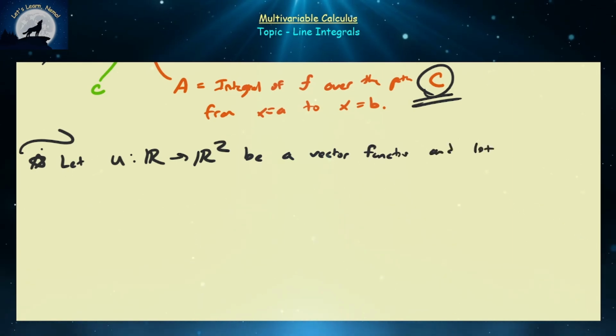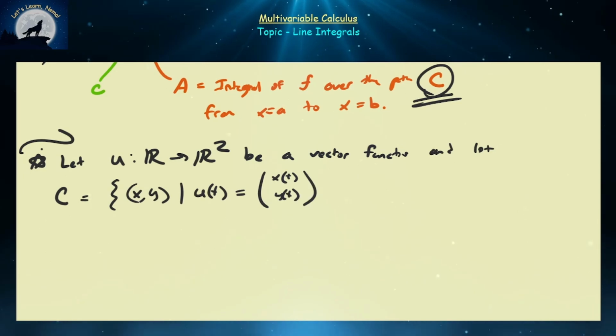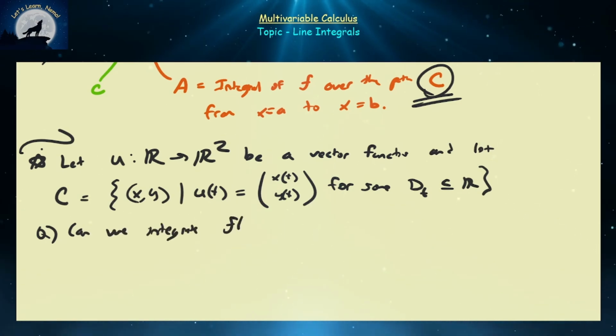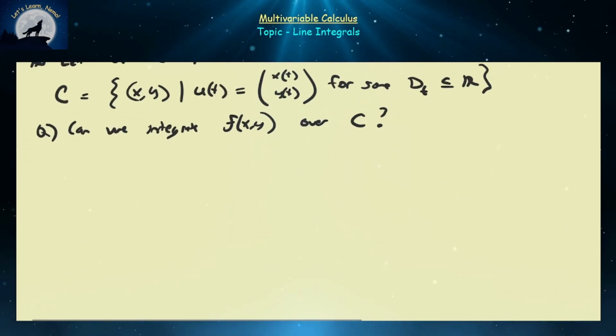And let C be the set of all points x and y such that u of t is equal to x of t, y of t for some domain of t subsetted in R. So the question that we want to answer: can we integrate f(x,y) over C? So what exactly geometrically does this even mean?